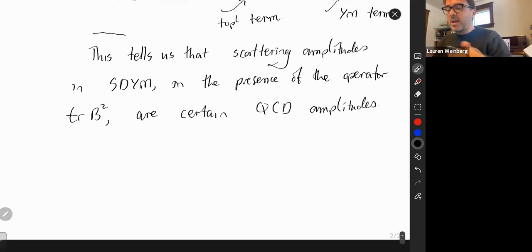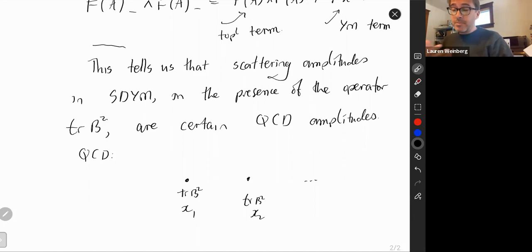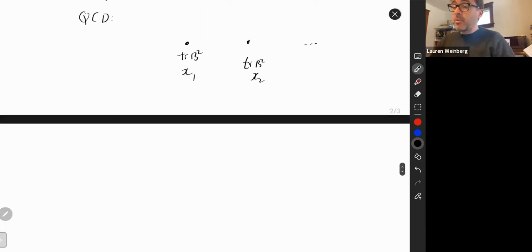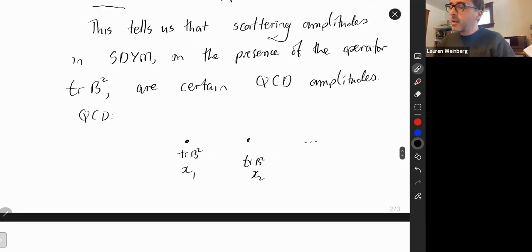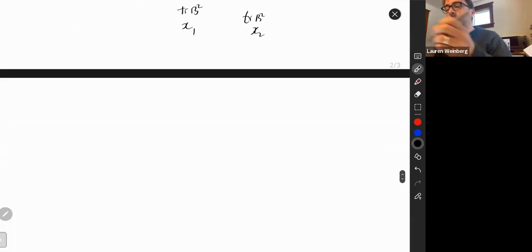The way you should think about it, you get QCD by having one copy of trace B squared at some position x_1, another copy of trace B squared at some position x_2, and so on, and then integrating over the positions of them, because this is how we deform a theory by a local operator. That would give you all amplitudes of QCD. But if you have only one of these trace B squared operators, that gives you certain QCD amplitudes.